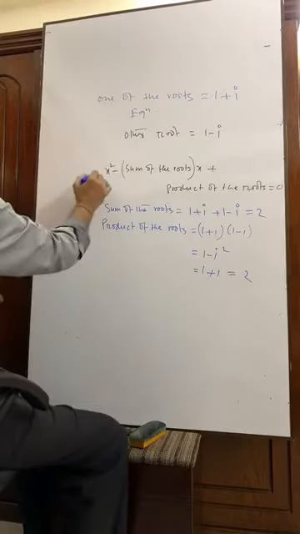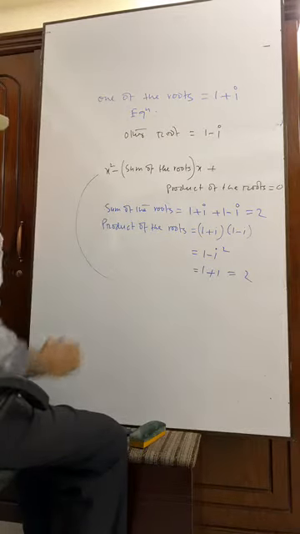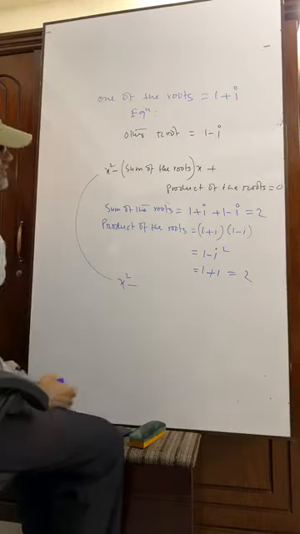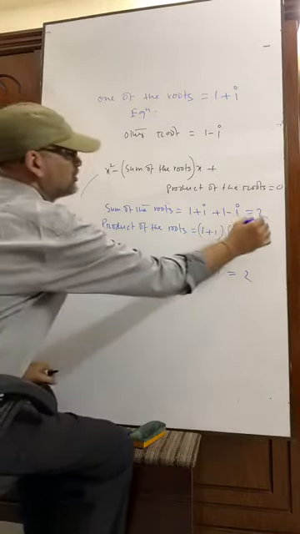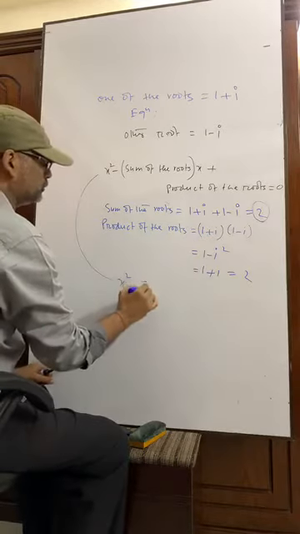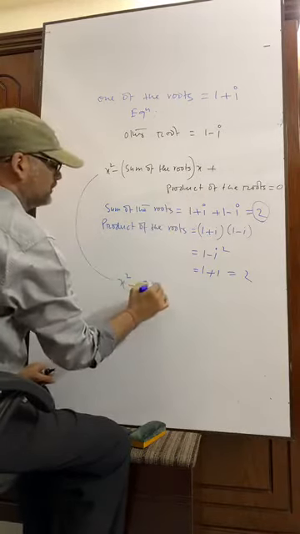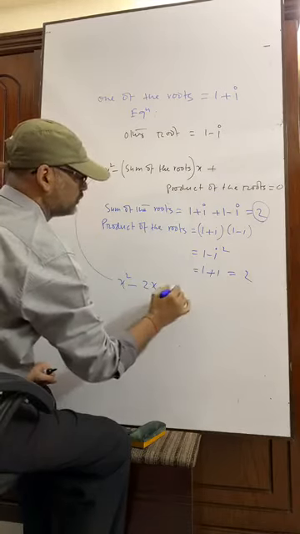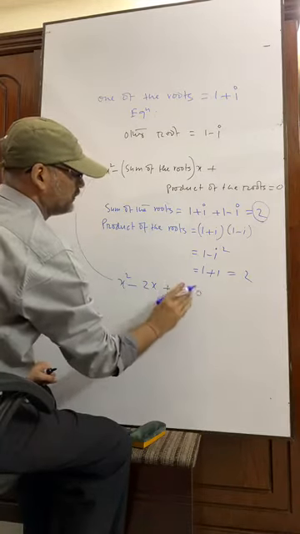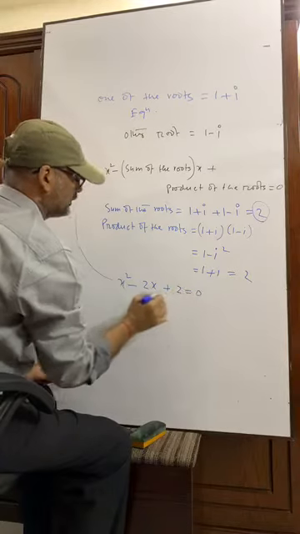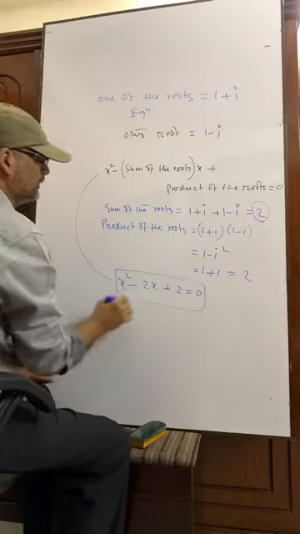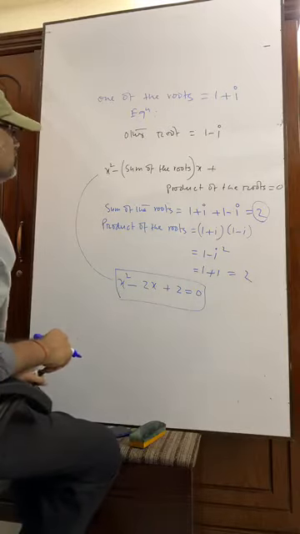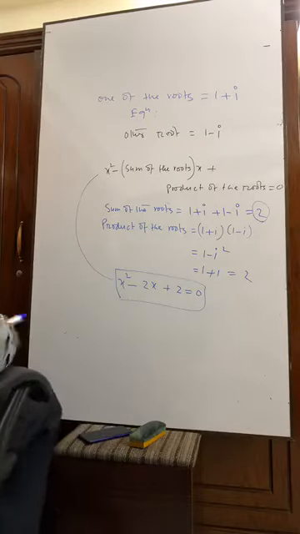So what is the equation here? x square minus sum of the roots, which is 2, into x plus product of the roots, which is 2, equals to 0. In this way you can determine an equation.